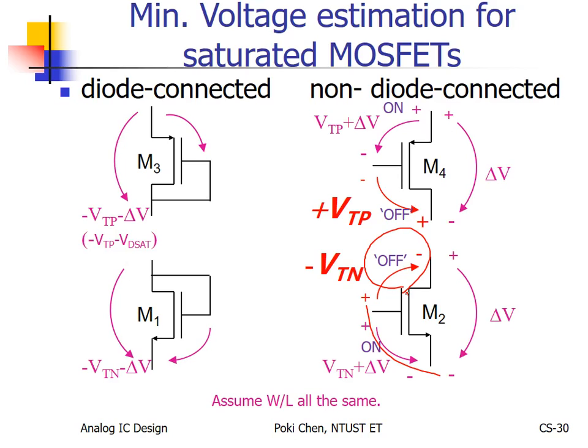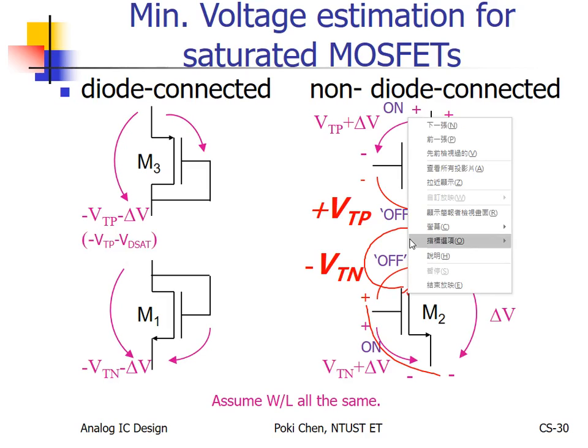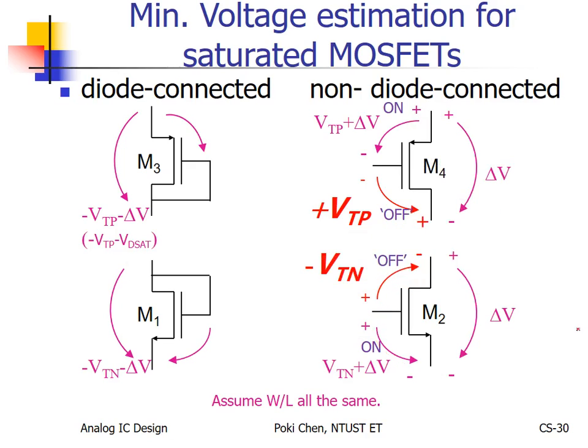Got it? So it means what? For saturation operation, please keep this in mind and get full understanding. For drain, it is allowed to operate 1 VTH lower. The minimum is 1 VTH lower than your gate voltage, but no further lower than that.